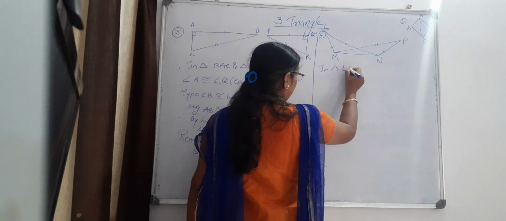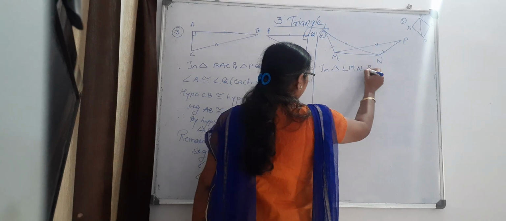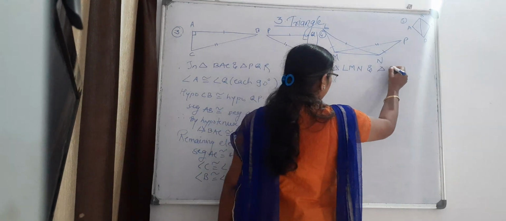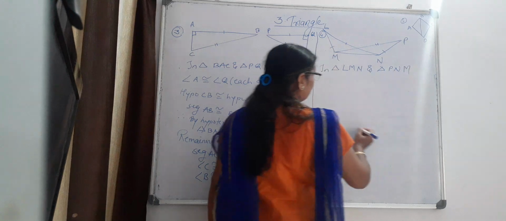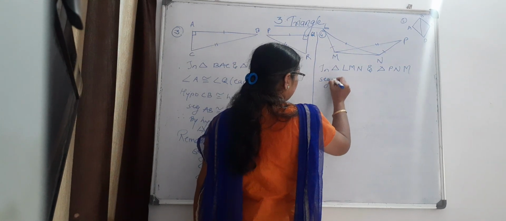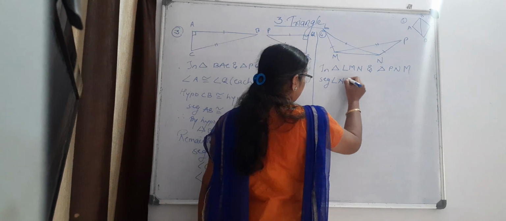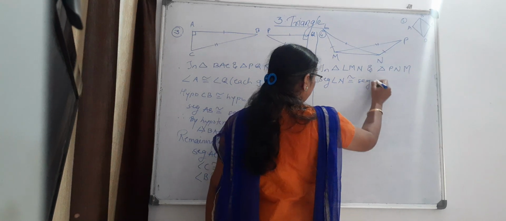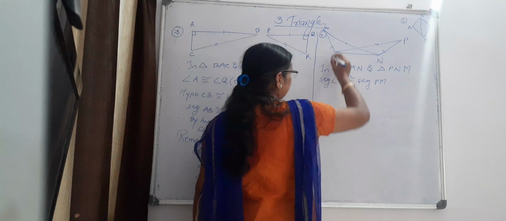Now see here which triangles you have to take. In triangle LMN and triangle PNM, what is given that you have to write down? Segment LN is congruent to segment PM. That is given.